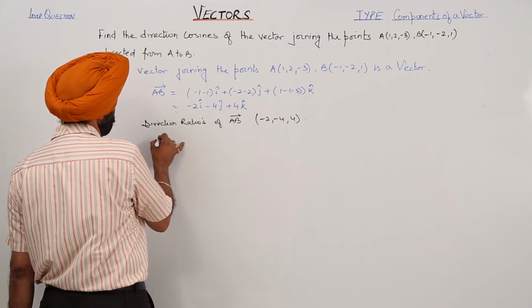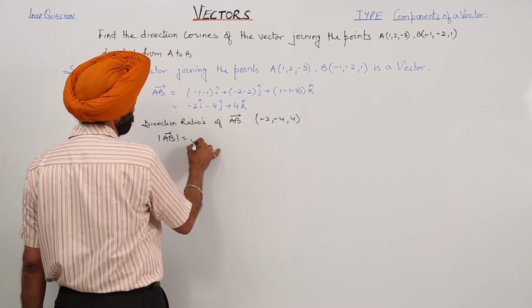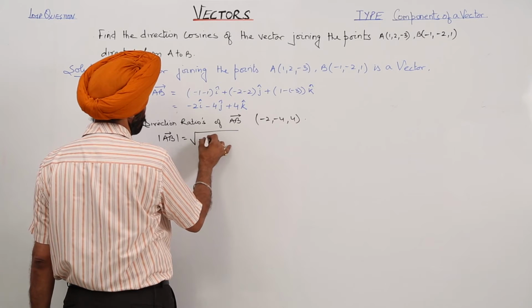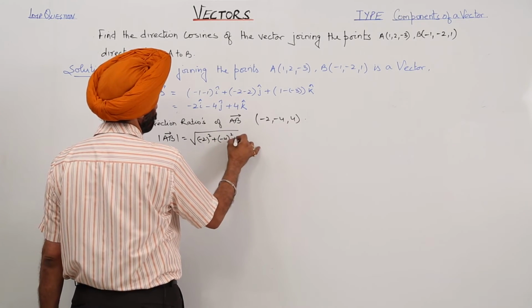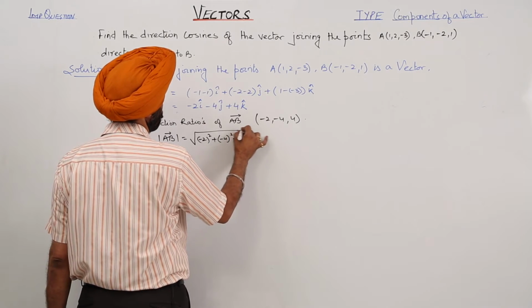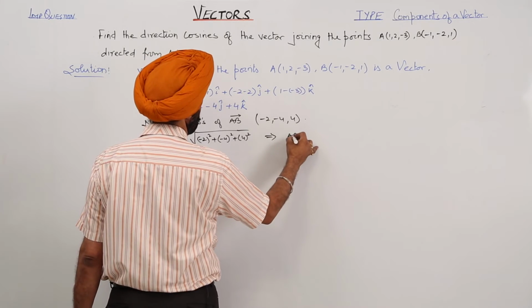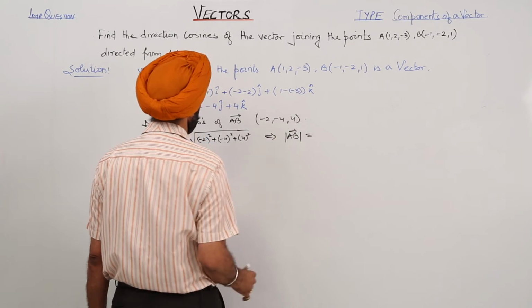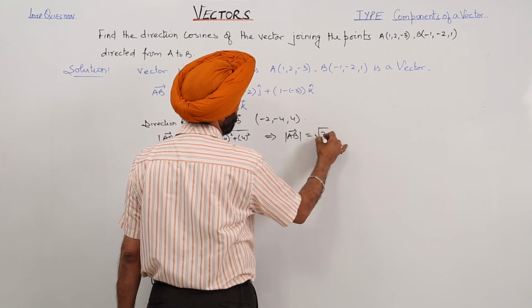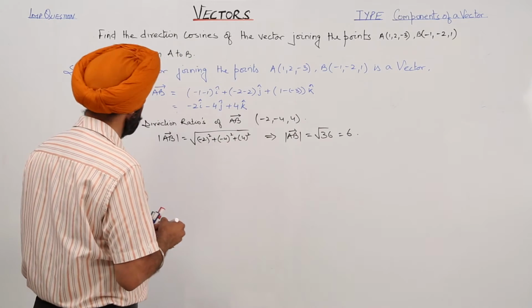Now the magnitude is equal to the square root of (-2) square plus (-4) square plus 4 square, which is equal to 6.